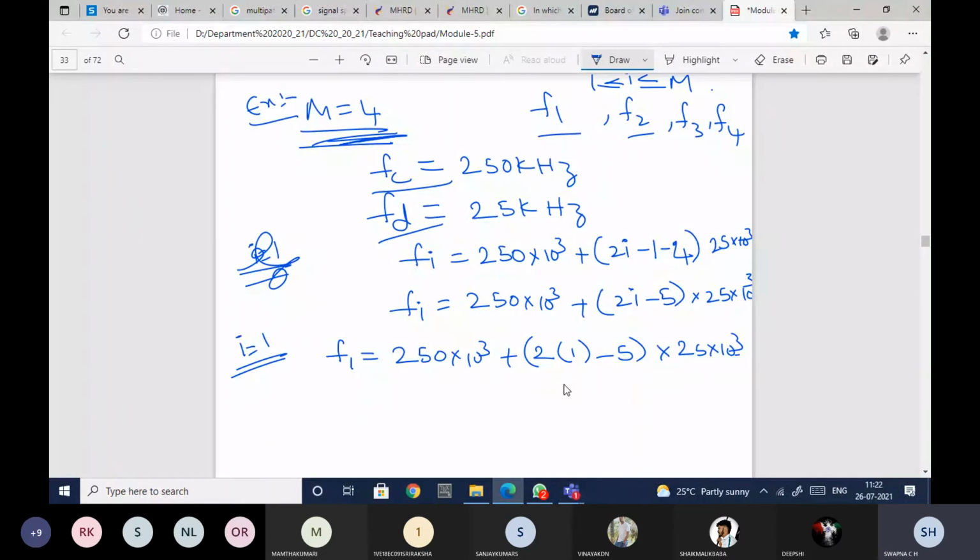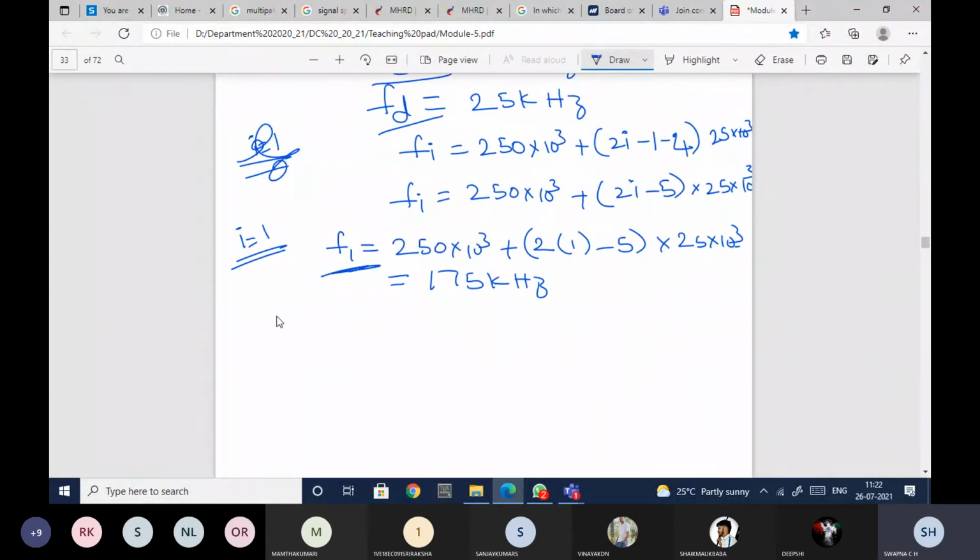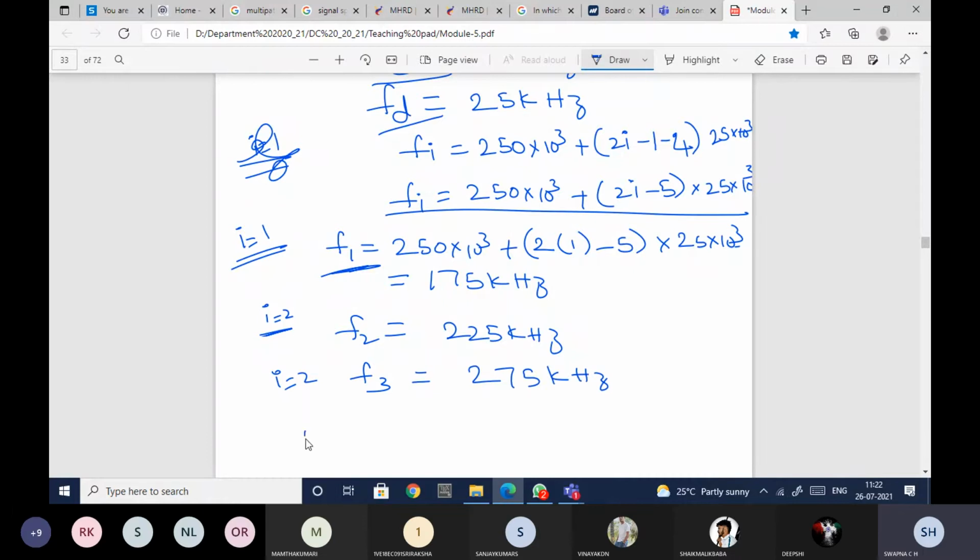If you simplify, you will get the F1 value as 175 kilohertz. So this is the first carrier frequency. In the same way, when i is equal to 2, F2 will be equal to 225 kilohertz. Same way, you substitute i equal to 3, F3 will be equal to 275 kilohertz.